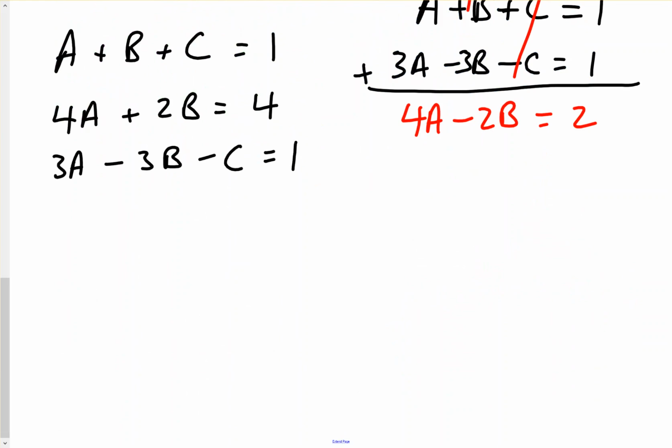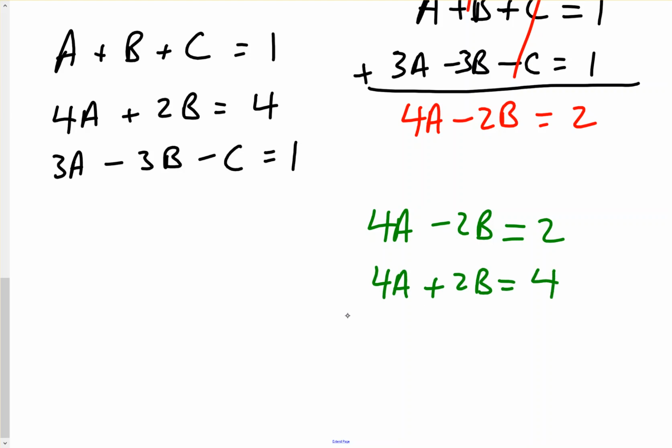Okay, so let's do that. So we have 4a minus 2b equals 2. And let's put the middle equation down here: 4a plus 2b equals 4. We add, we get 8a, minus 2b and plus 2b, they cancel, they eliminate.